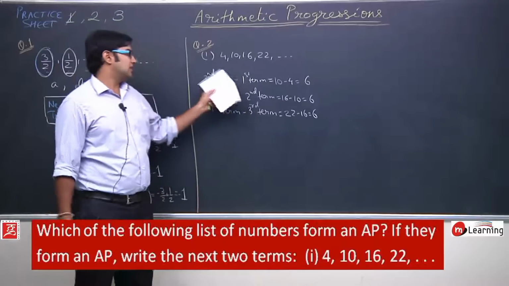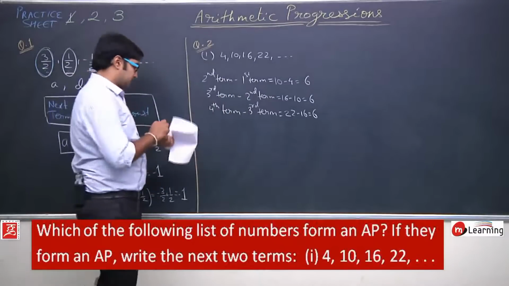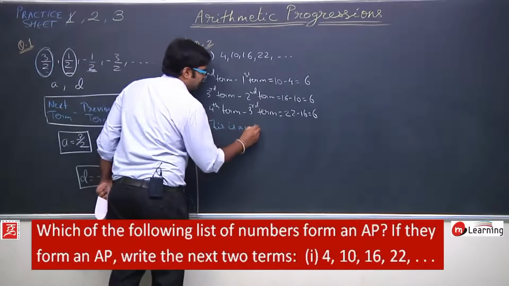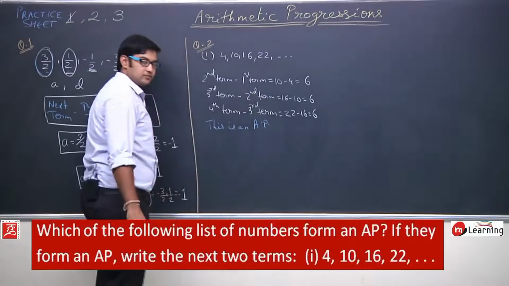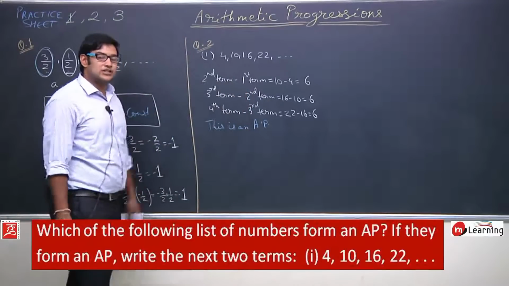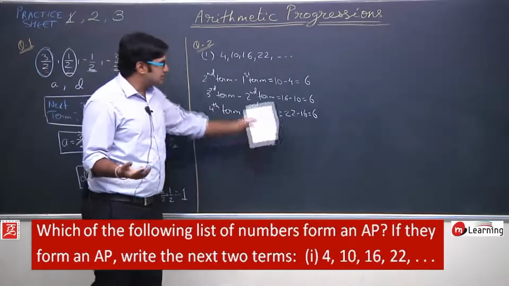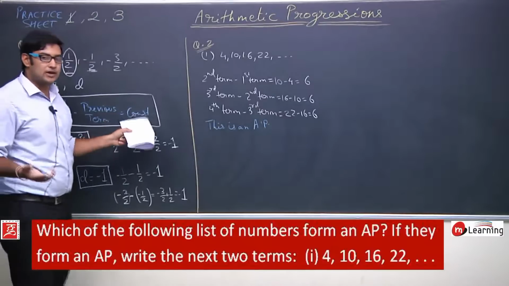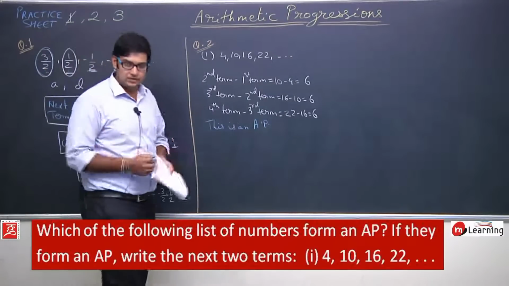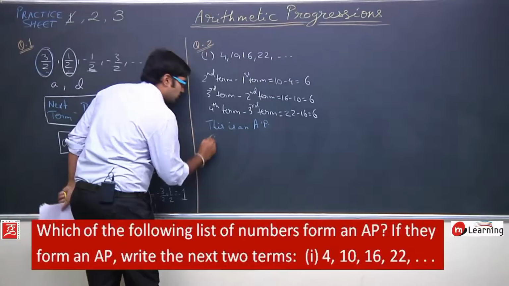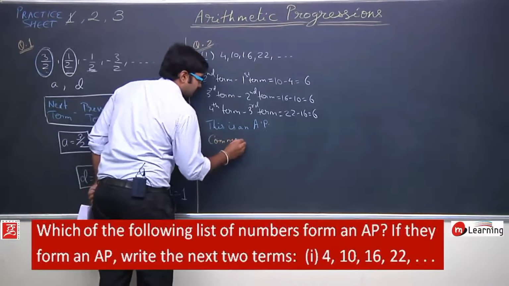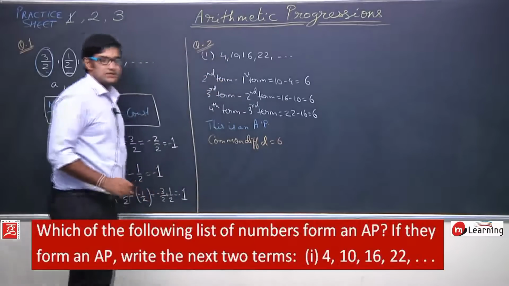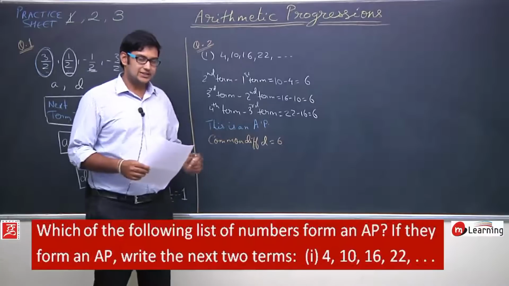It means this is definitely an arithmetic progression. And if this is an arithmetic progression, what is the common difference? This 6 is the common difference, because the value of this constant is the common difference in an AP. So I can write common difference D is equal to 6.